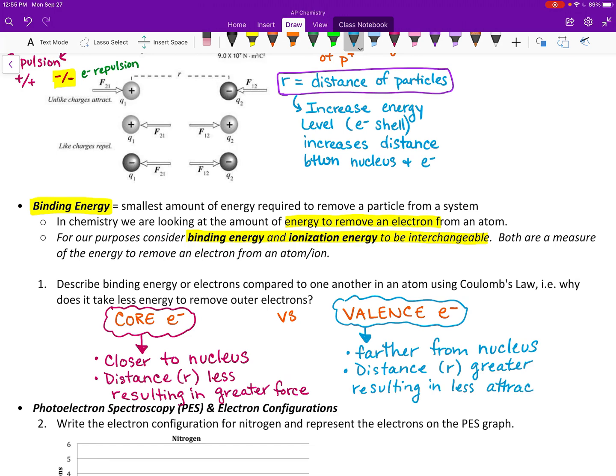In this specific case, this is going to be the attractive force between those valence electrons and the nucleus.